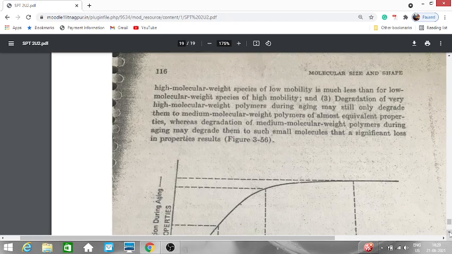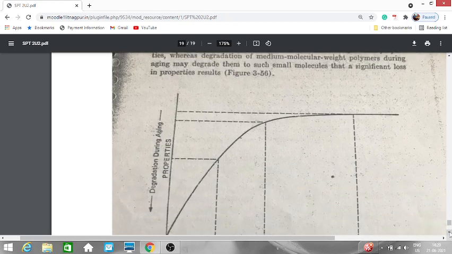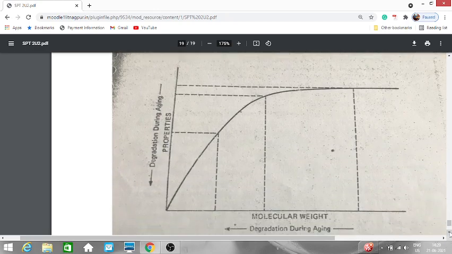Okay, degradation of very high molecular weight polymers during aging may still only degrade them to medium molecular weight polymers of almost equivalent properties, whereas degradation of medium molecular weight polymers during aging may degrade them to such small molecules that a significant loss in properties results. So these are the properties: degradation during aging on the y-axis, molecular weight on the x-axis.